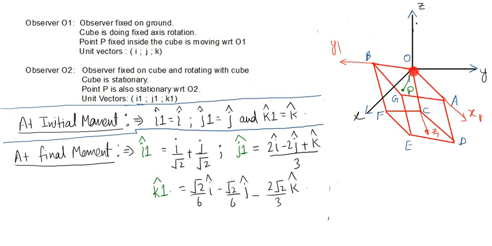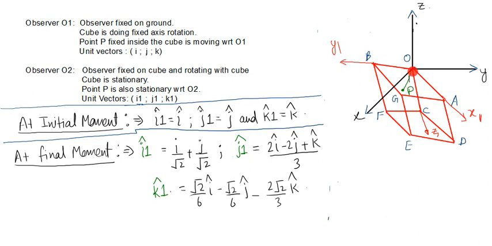This second observer O2 has coordinate axes fixed along the sides of the cube. As you can see, x1, y1 and z1 are the coordinate axes of the observer O2, which are fixed with respect to the cube, and x, y and z are the coordinate axes of the ground observer, which are fixed with respect to the ground.